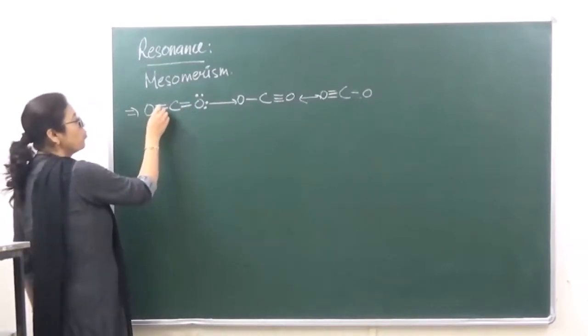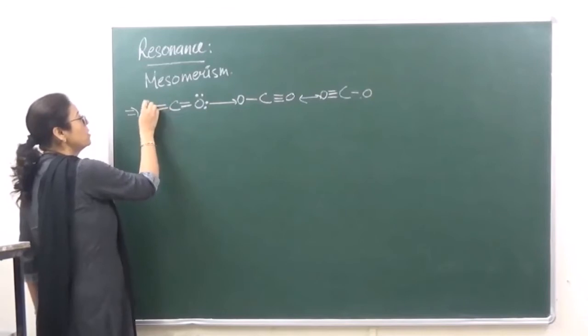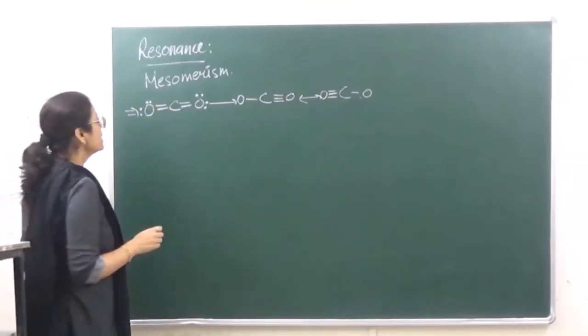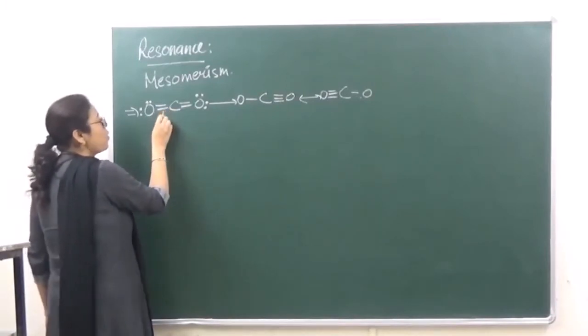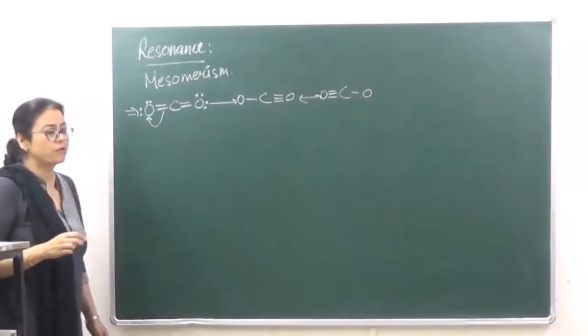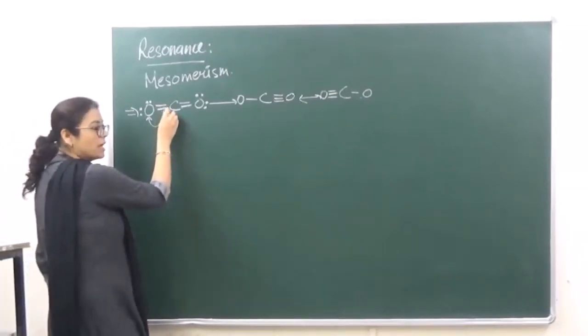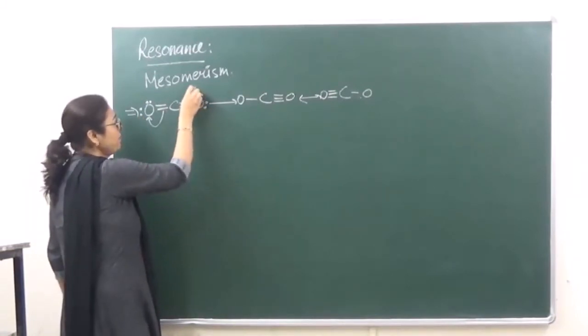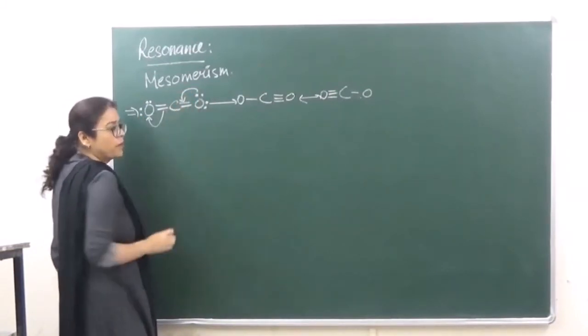Over here also 8 minus 4, so we show 4 electrons. Now in this case, the pi electron cloud has a tendency to shift. So this electron cloud from here shifts over here, and these electrons shift over here.